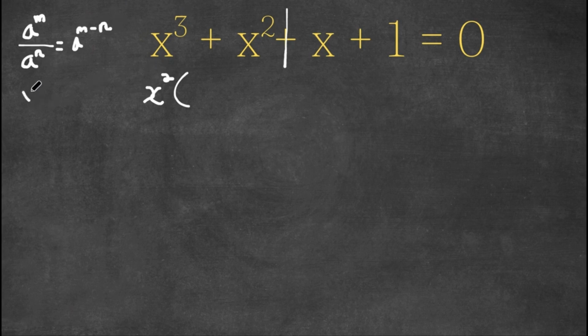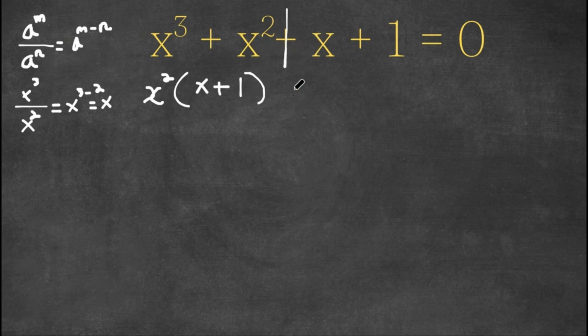So x to the power of 3 over x squared would equal x to the power of 3 minus 2, which is simply x to the power of 1, which is x. So x to the power of 3 divided by x squared is x, plus x squared divided by x squared is simply 1, because anything divided by itself is 1.